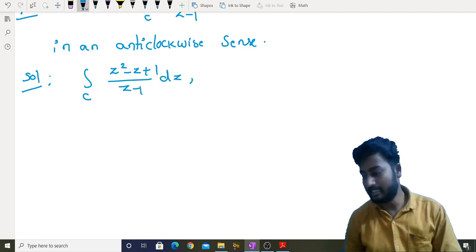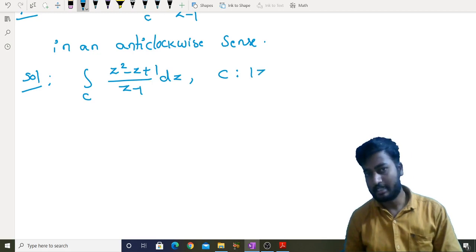The circle is given as mod z equal to 1 by 2. So already we know that it is a circle with the center (0, 0) and radius 1 by 2.